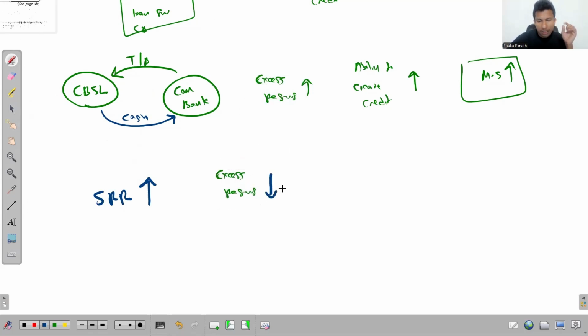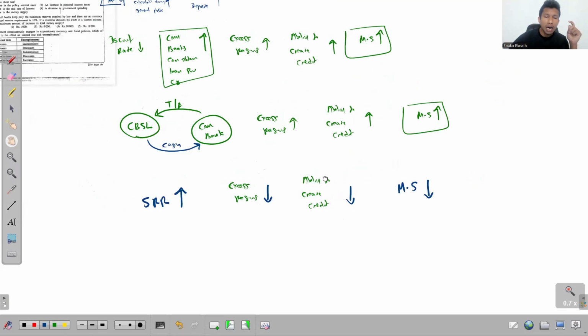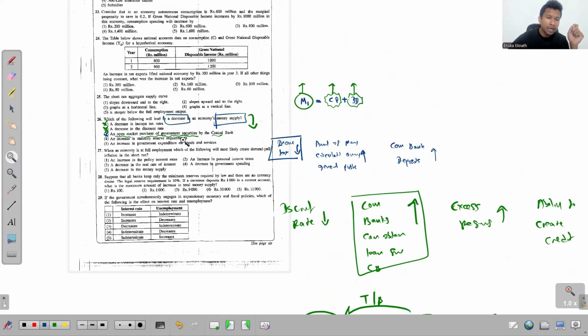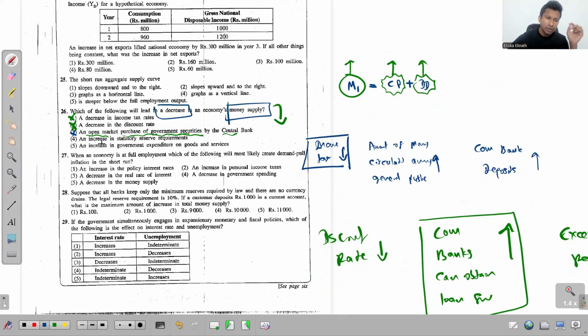Excess reserve decreases. When excess reserve decreases, their ability to create credit also decreases. And as a result, what happens to the money supply? The money supply in the economy also decreases. Then this has to be the answer for this question 26, right? So when the statutory reserve requirement is increased, money supply decreases. So this is the answer.